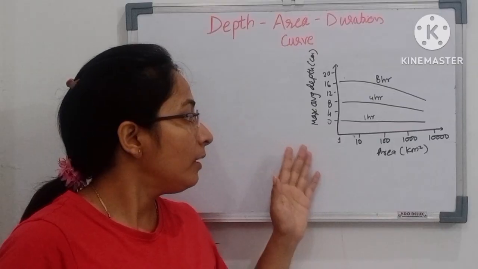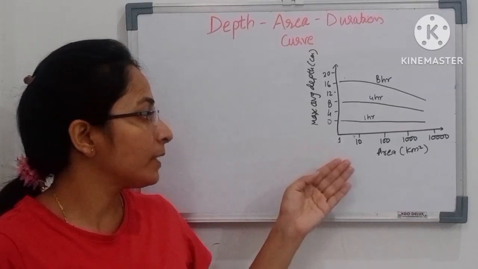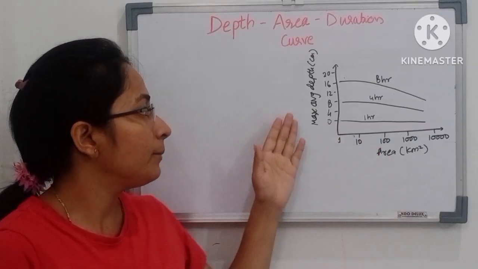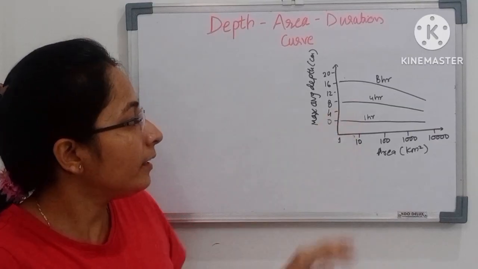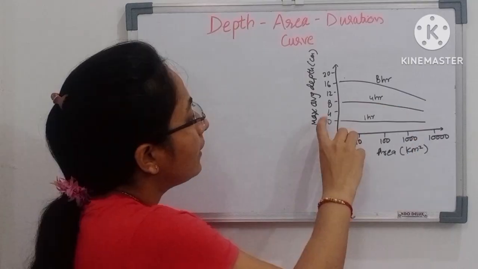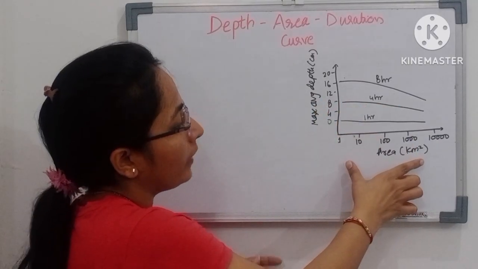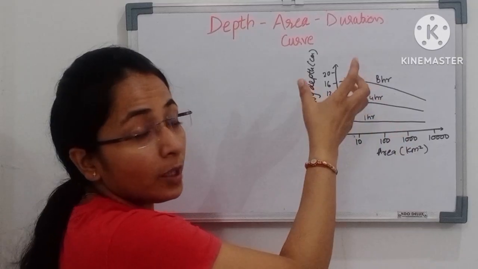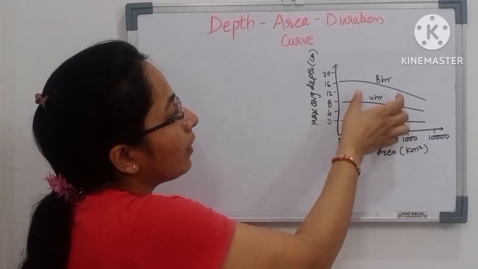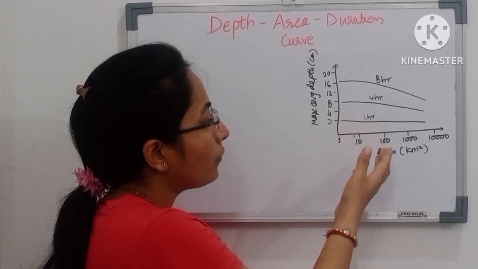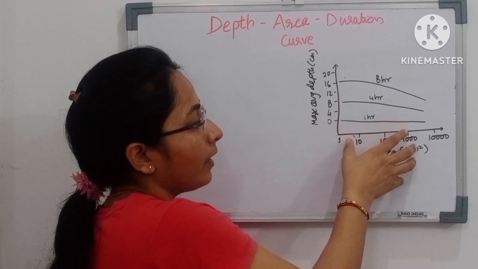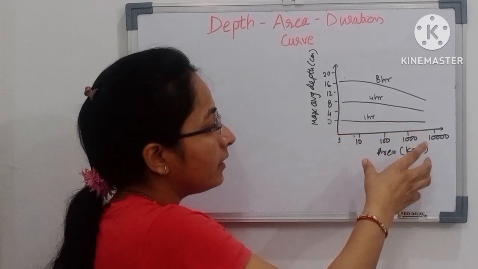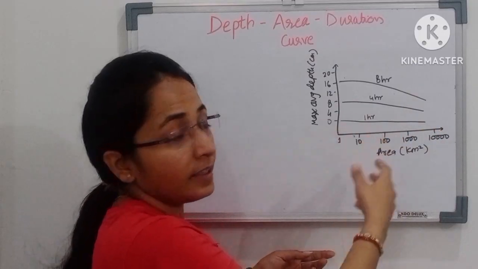This is a typical DAD curve plotted between area and maximum average depth of rainfall in centimeters. These lines represent depth of rainfall with respect to area for a particular time, like 1 hour, 4 hour and 8 hour, and here you can see how the rainfall depth relates to the increase in area.